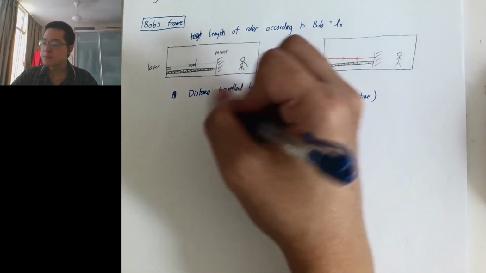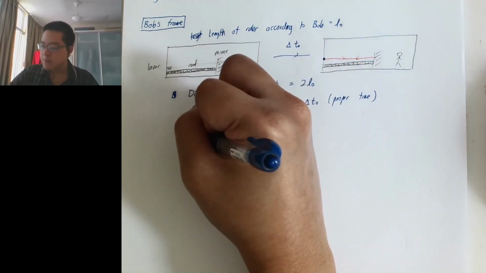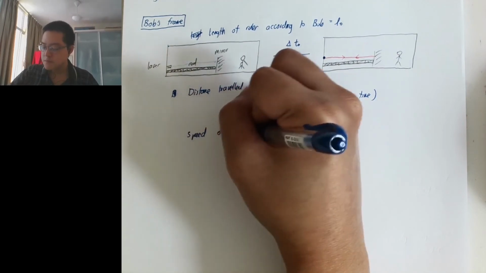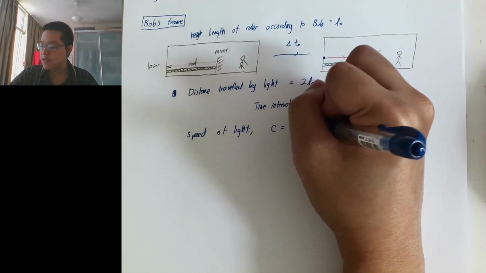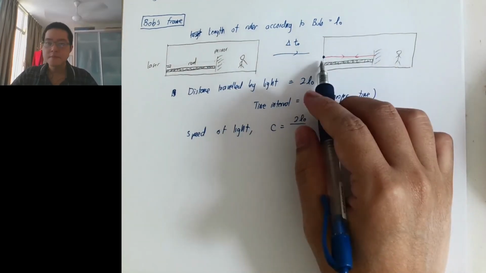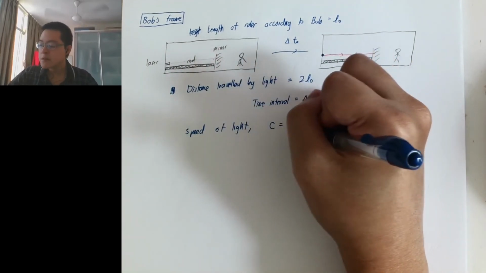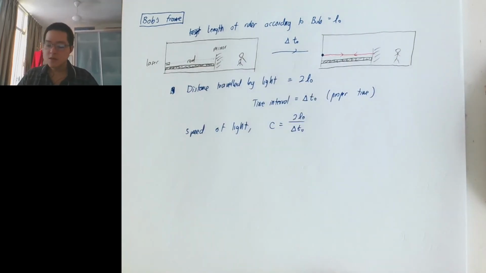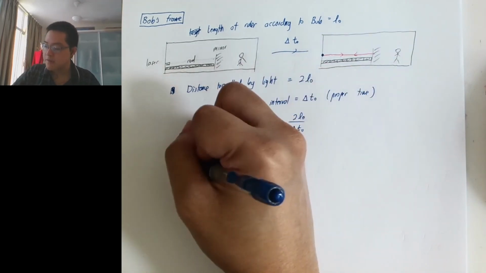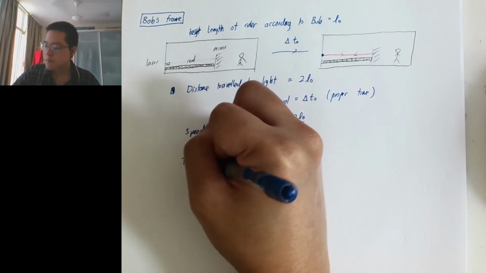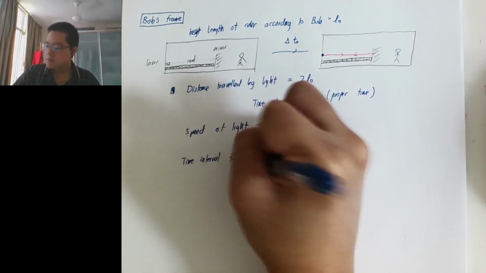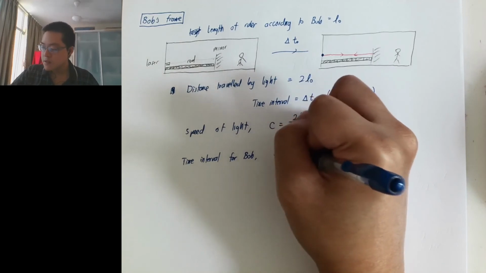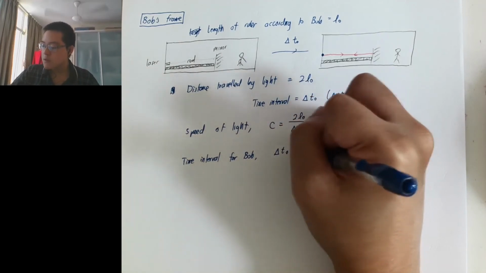Okay, so the speed of light measured by Bob is going to be c is equal to the distance traveled by the laser, divided by the time taken for this process. So that means the time interval for Bob, delta t0, is just 2L over c.